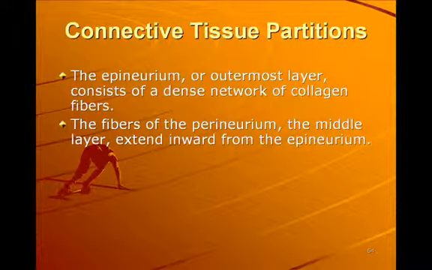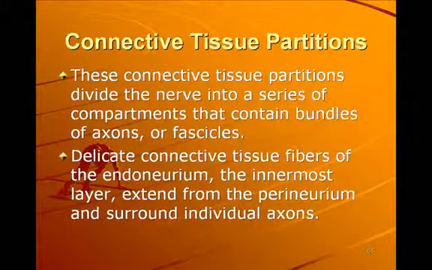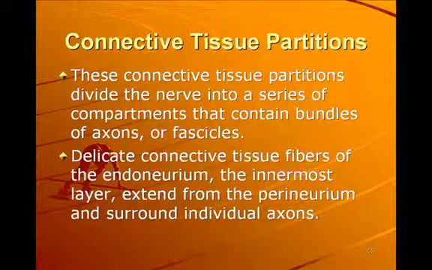The epineurium is the outermost layer, and consists of a dense network of collagen fibers. The fibers of the perineurium, the middle layer, extend inward from the epineurium. These connective tissue partitions divide the nerve into a series of compartments that contain bundles of axons, or fascicles. Delicate connective tissue fibers of the endoneurium, the innermost layer, extend from the perineurium and surround individual axons.